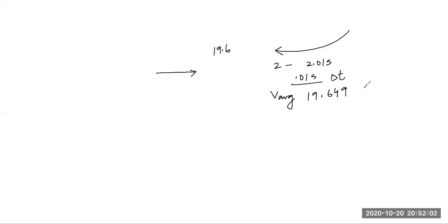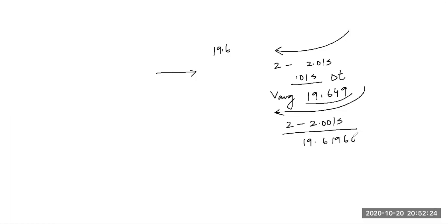From the right hand side also, you see, guys, 19.649. But I went further. I requested the students to find out at 2 to 2.001 seconds. And the answer was astonishing. The answer was 19.6049. I can presumably think that it may be right, but you can cross check it.